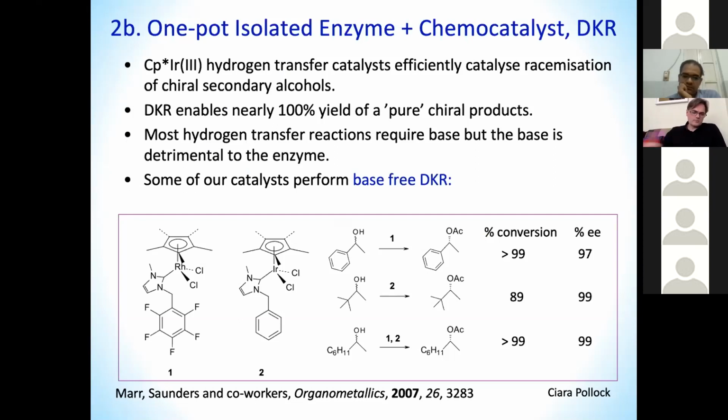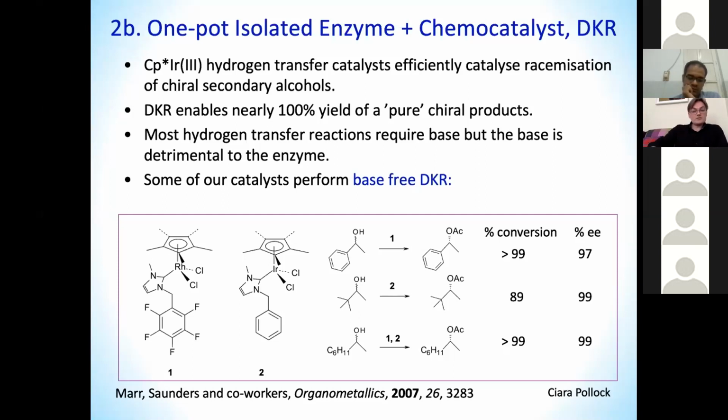So a few years ago, we developed some hydrogen transfer catalysts that didn't require base and could be used alongside the enzymes very efficiently. And that's these catalysts, and you see we've been using these types of catalysts for the other transformations as well. So Cp*, rhodium and iridium, and heterocyclic carbene catalysts.